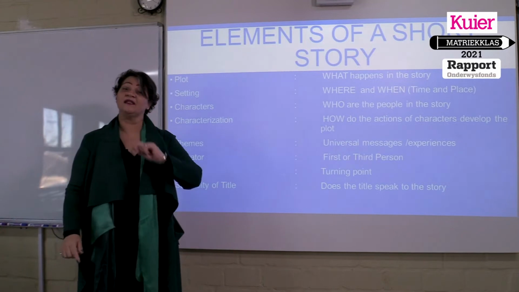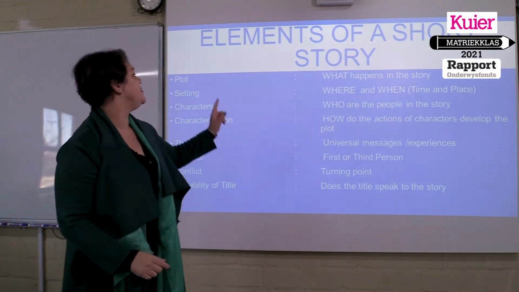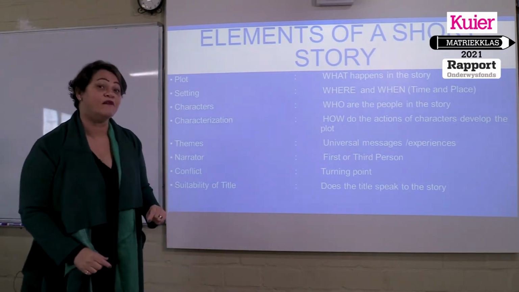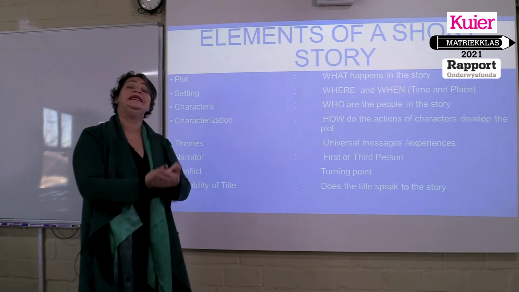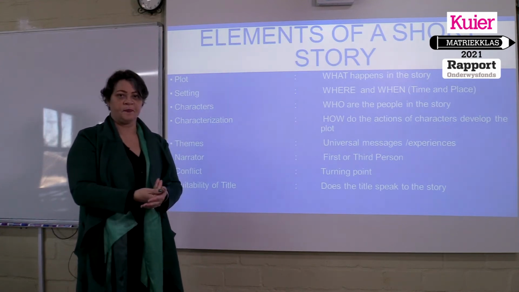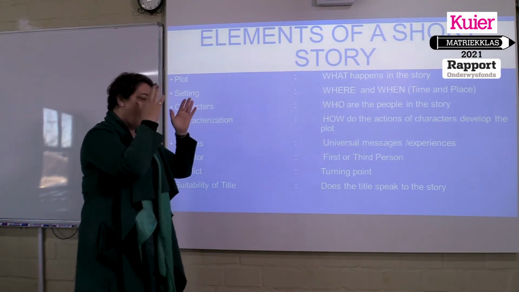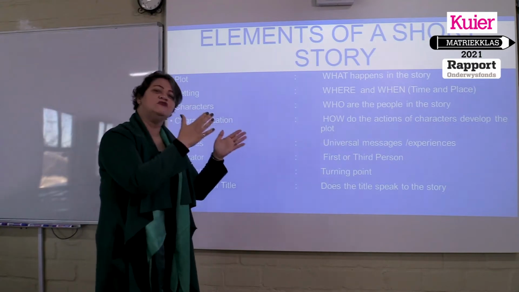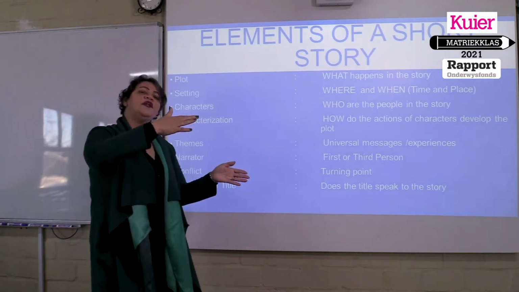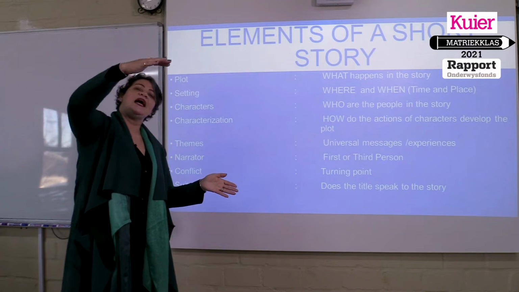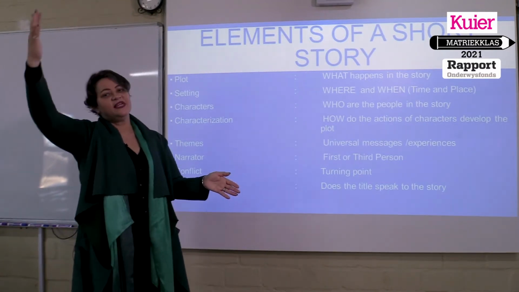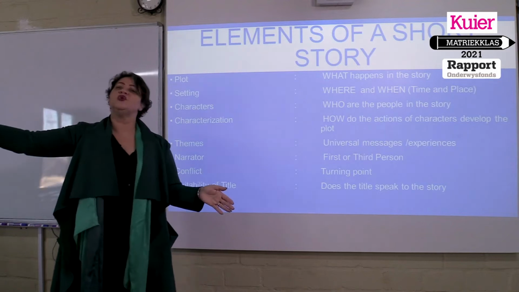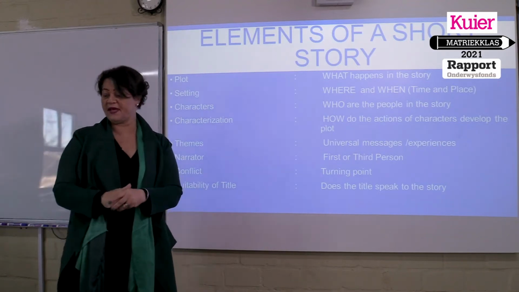That little triangle is called Freytag's triangle, and that is what the plot is made up of. But please beware, it's not a retelling of the story. It is, what is the event that introduces the story? What are the events that drive the story upward to its climax and then down the other side of the hill to its conclusion? Very important to remember that.